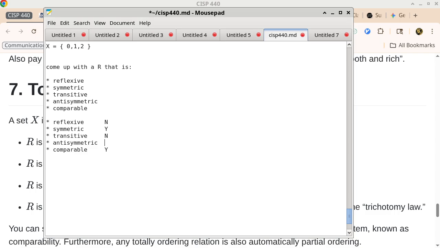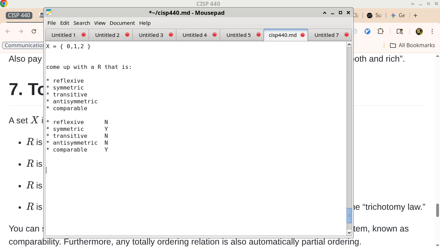If it is not possible, there has to be a reason why. So right away, we have comparable. Comparable is the most restrictive one out of this entire thing, because in order for something to be comparable, it means every element has to relate to all elements of the set.